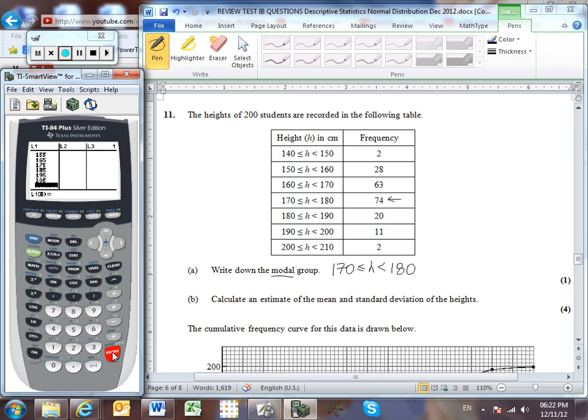So a total of 7 rows in my table, and I've entered a total of 7 values. I'll put in their corresponding frequencies: 2, 28, 63, 74, 20, 11, and 2.